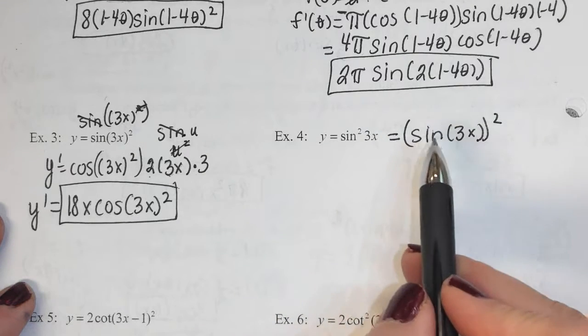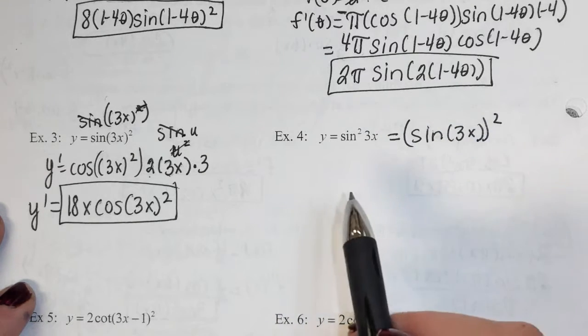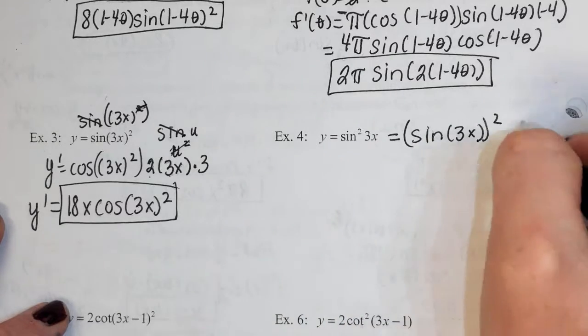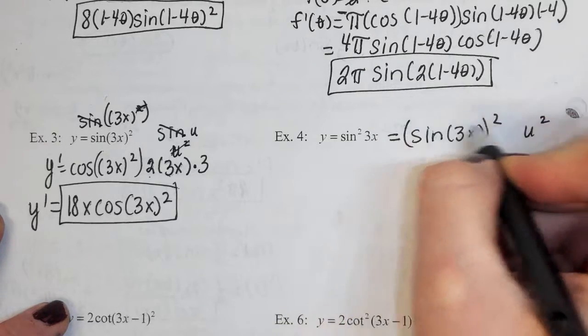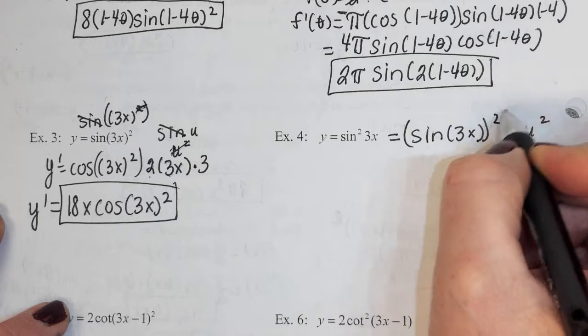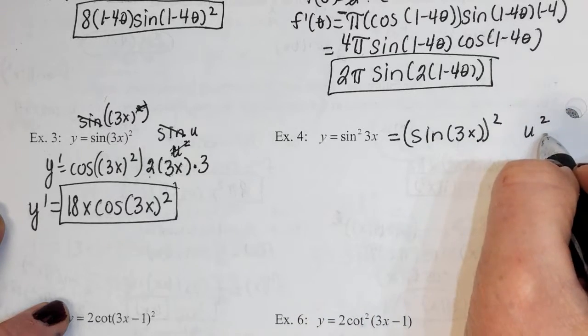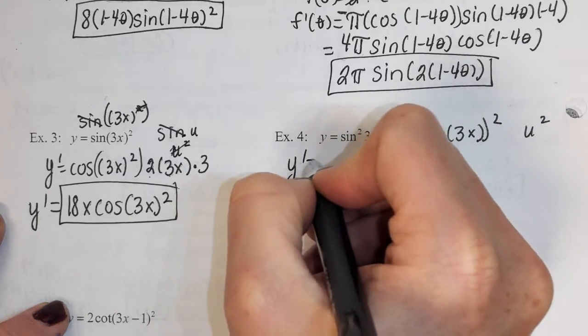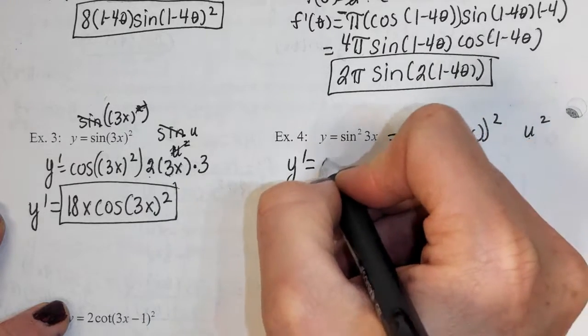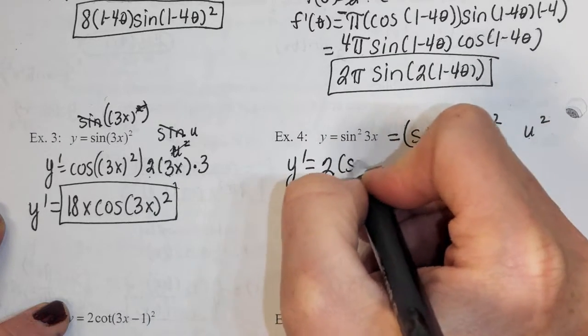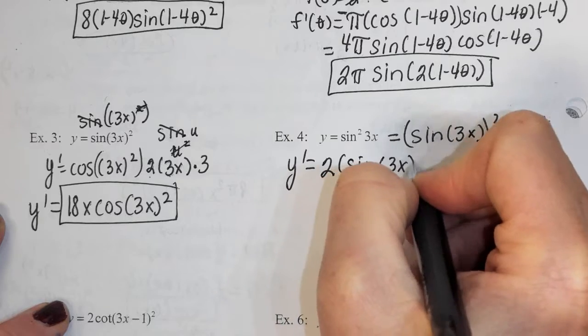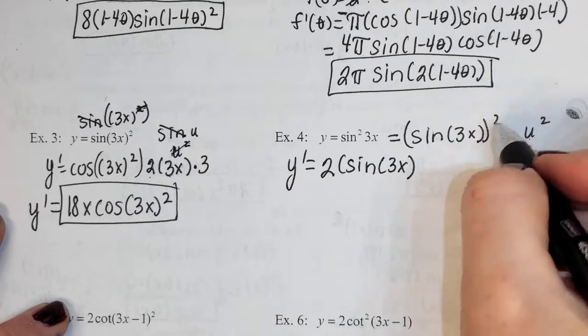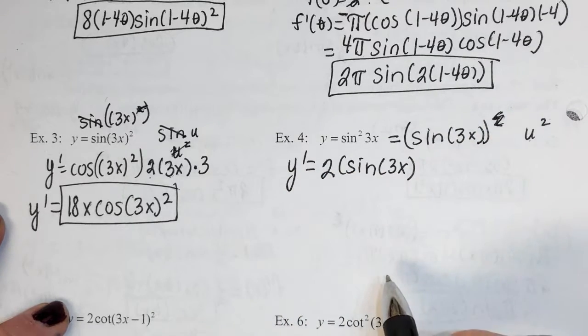So am I going to think of it as sine U or U squared to start with? U squared to start with. You start with the outermost parentheses. That's your U. Squaring it. So then y prime, the derivative of U squared is 2U. So I did my squared, done with that.